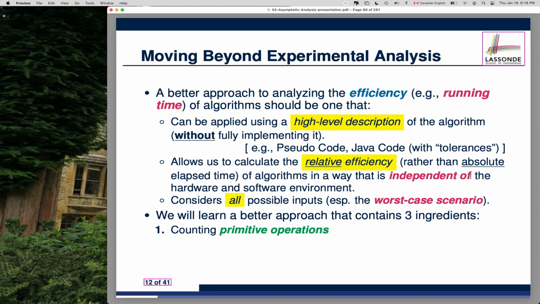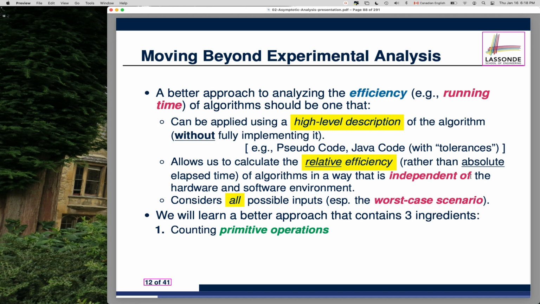Okay, so this will be the flow. For today, after the break, I'm going to first of all define what primitive operations really mean. There will be an explicit checklist for us to really follow. I'll do that first, and then we're going to do one example together about counting primitive operations.